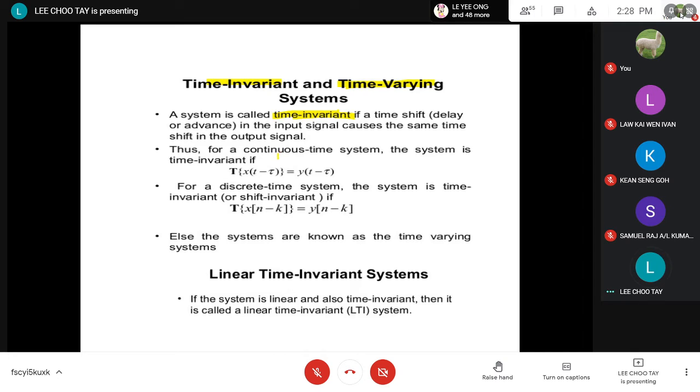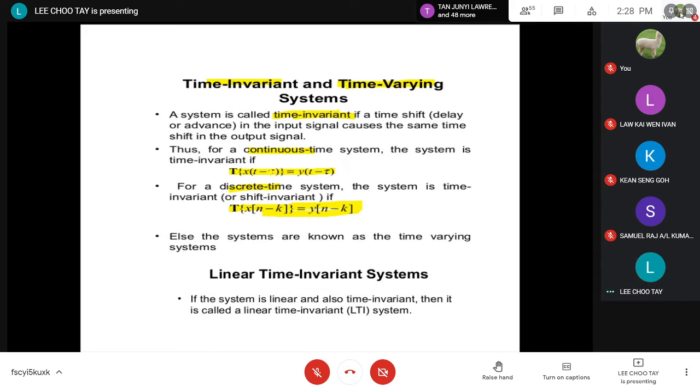We can represent it mathematically by this equation for continuous time, and for discrete time, we use this equation. If you look at this one, x(t minus tau), that means I do a shift.